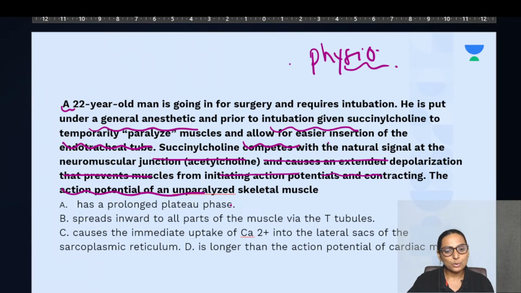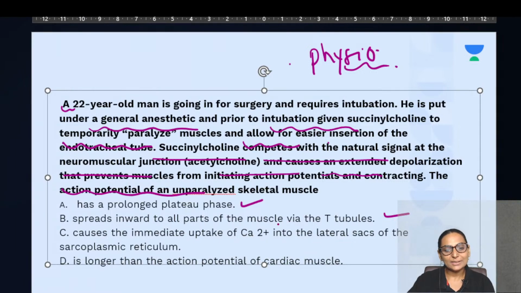It has got a prolonged plateau potential. It spreads inwards to all the parts of the muscle via the T-tubules. It causes immediate uptake of calcium into the lateral sacs of the sarcoplasmic reticulum, or it is longer than the action potential of the cardiac muscle.